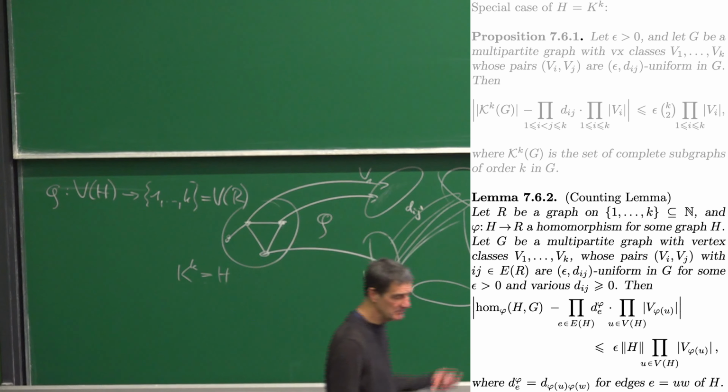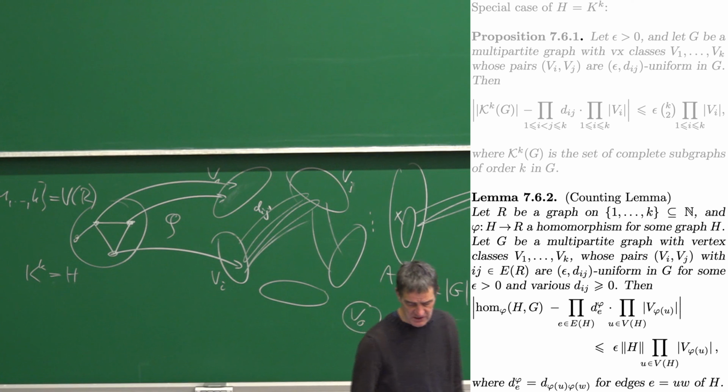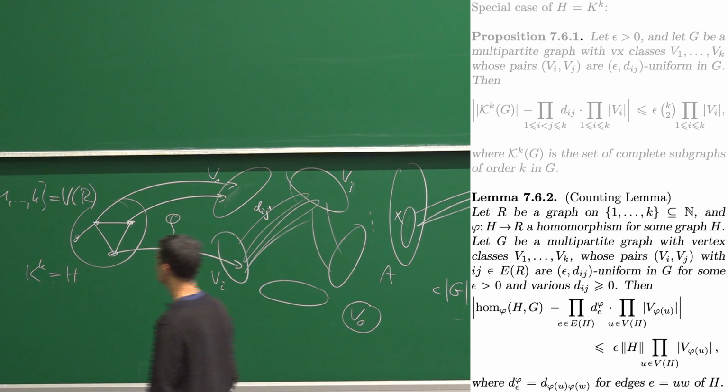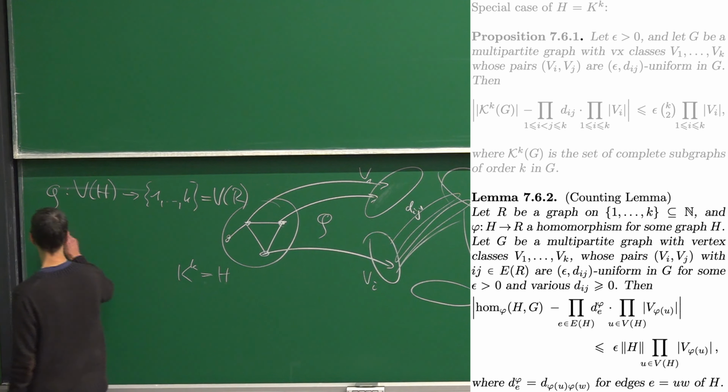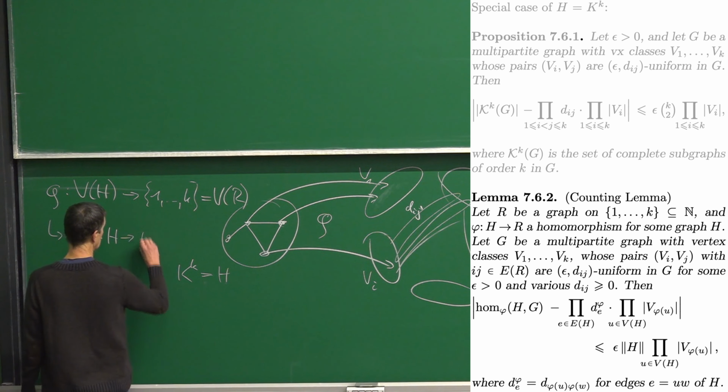It's some graph that we also assume as given. And this little phi fixes target classes, and now we're asking that phi is a homomorphism from H to R.